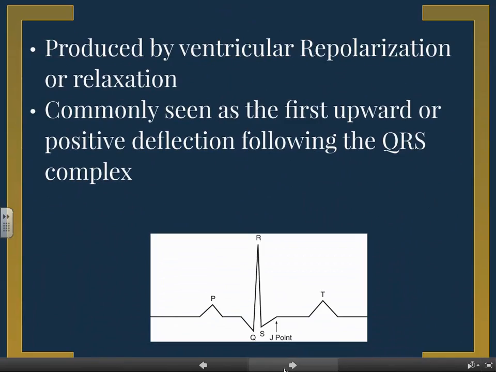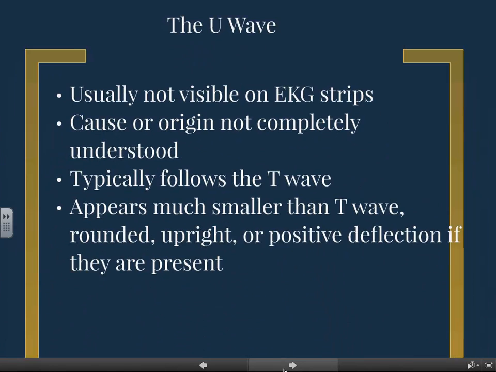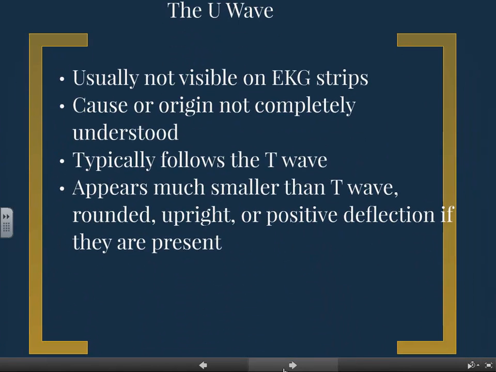Your T wave, ventricular repolarization. U wave, most often not seen. It usually appears much smaller than the T wave, rounded, upright, or a positive deflection if present. So it's going to be in between the T wave and the P wave.